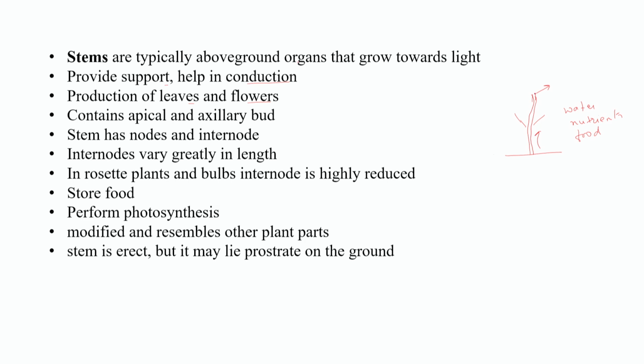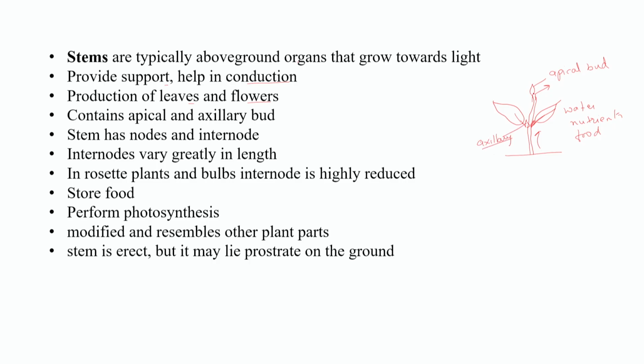It also typically contains an apical bud and axillary buds. At the tip you will find an apical bud, and you will also find axillary buds, which are found in the axil of a leaf. So, this is the apical bud and this is the axillary bud.